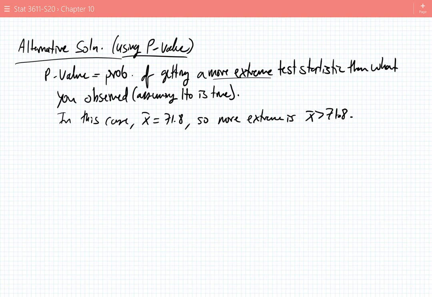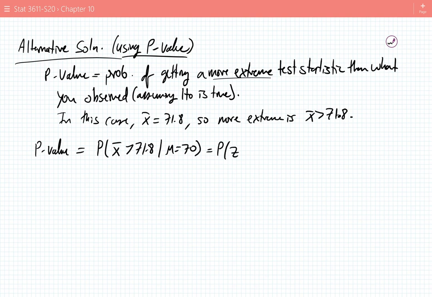What is the point in doing this? Well, let's just figure out what this p-value is first, right? So the p-value here is the probability that we get x bar greater than 71.8 given the null hypothesis is true. Well, if the null hypothesis is true, then we can find the z-value here.